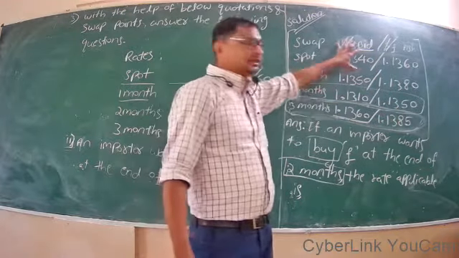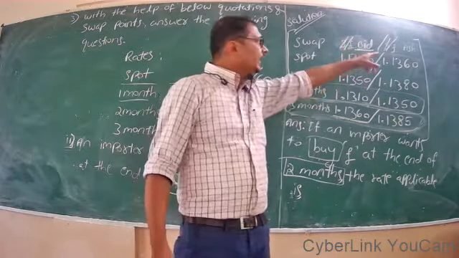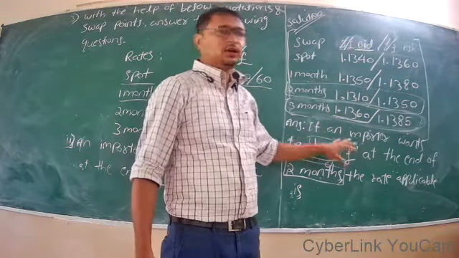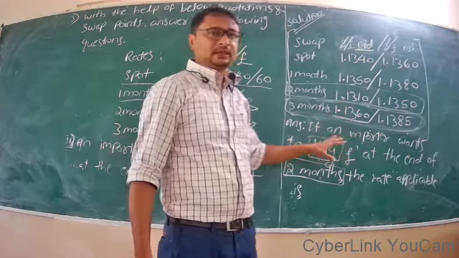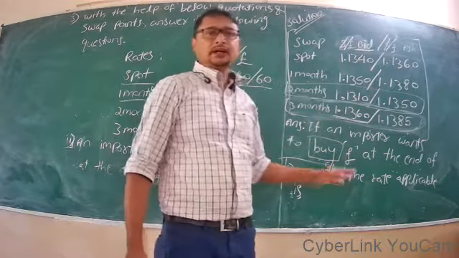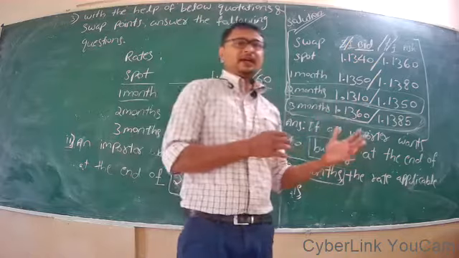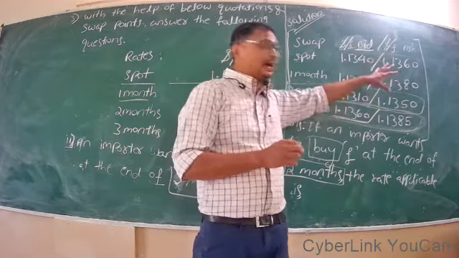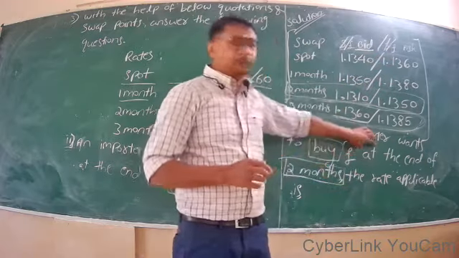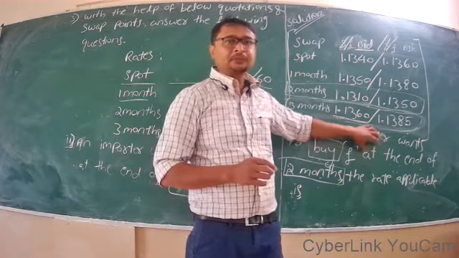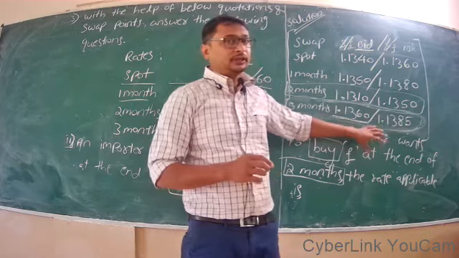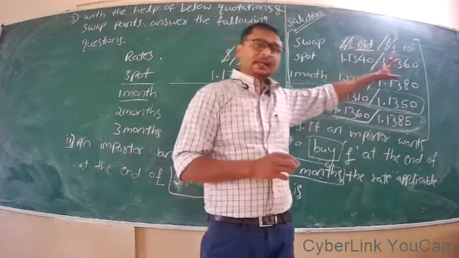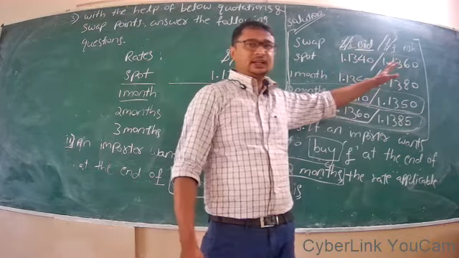So the bid price is the buying price of the banker and the ask is the selling price of the banker. Now an individual, maybe an XYZ person or ABC person, intends to buy. If an individual wants to buy, then ultimately the banker is the seller, right? The banker is the seller and an importer or individual is the buyer. If an importer is buying from the bank, that must be the selling price of the banker or marketer, right?